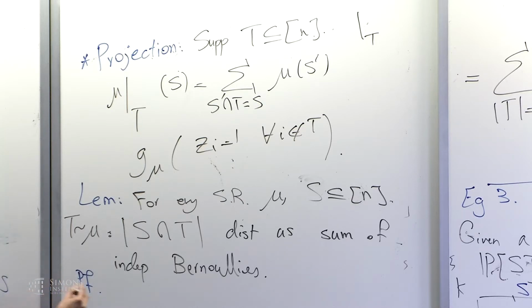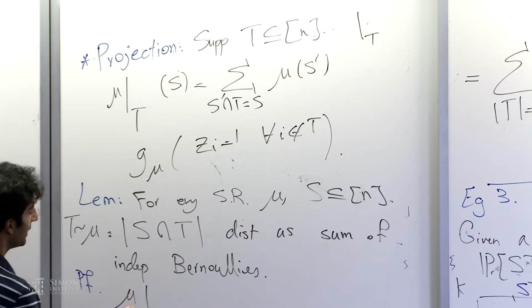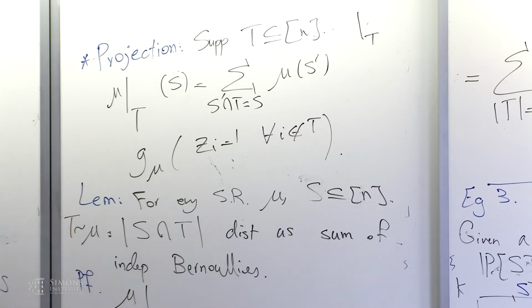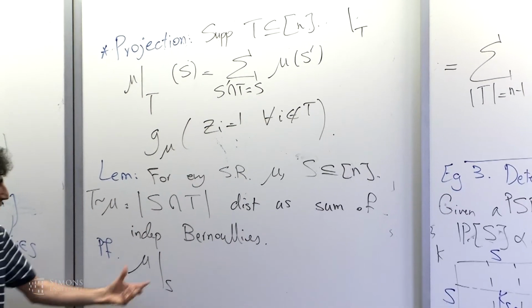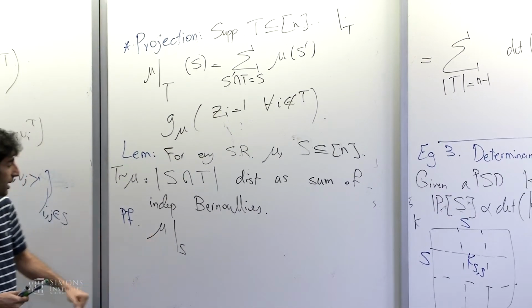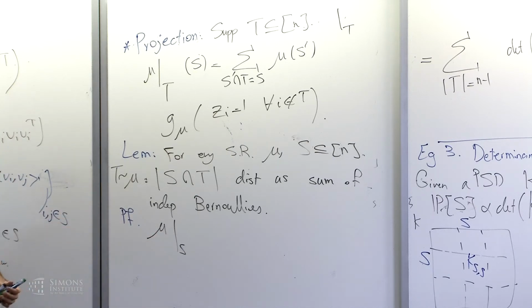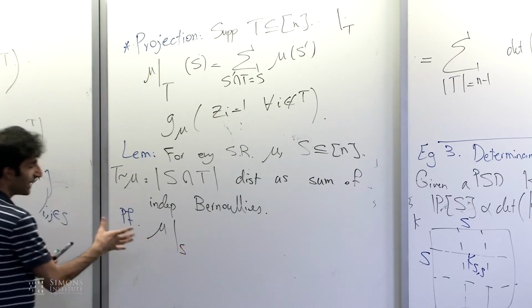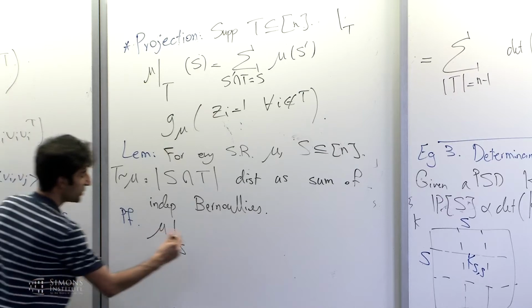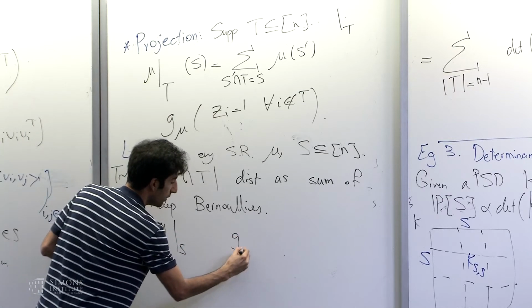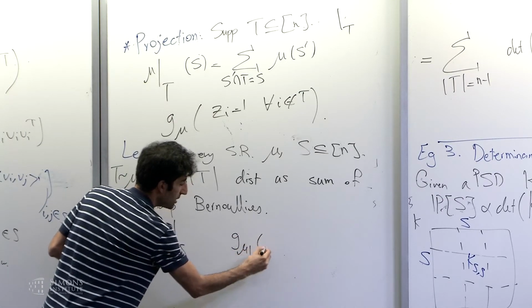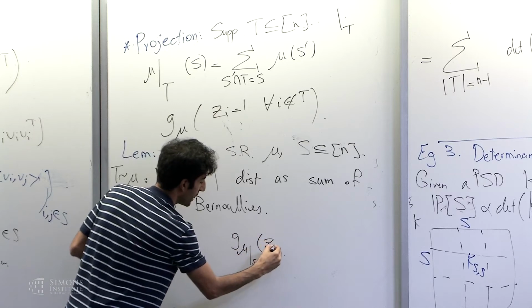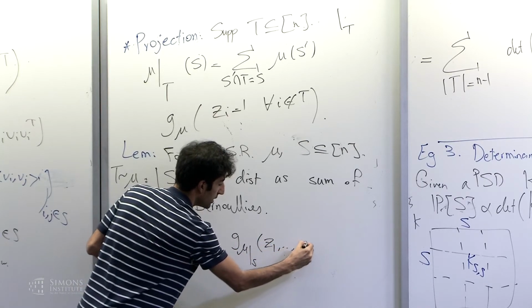So first of all, I project my distribution mu onto the set S. Think of S, for example, as a cut. So you project your random spanning tree to a cut. So this is strong Rayleigh. Let me write down the generating polynomial of G of mu projected to S. Let's say it has variables Z1 up to Zk.